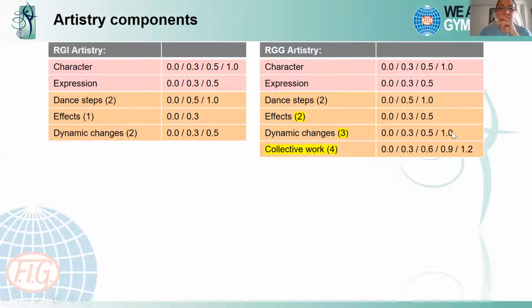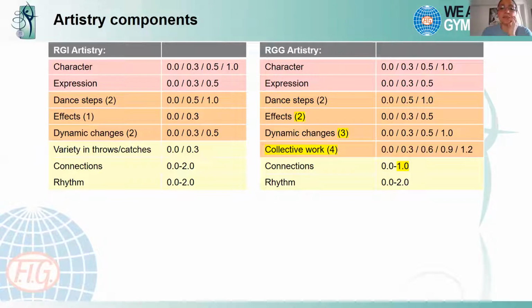And then we have dance steps. Requirements are 2. Effects for individual is requirement 1. For groups are 2. Dynamic changing requirements 2 for individuals. For groups are 3. And now for groups, we require the collective work. And then we have variety in throw catches in individuals. This is a requirement.